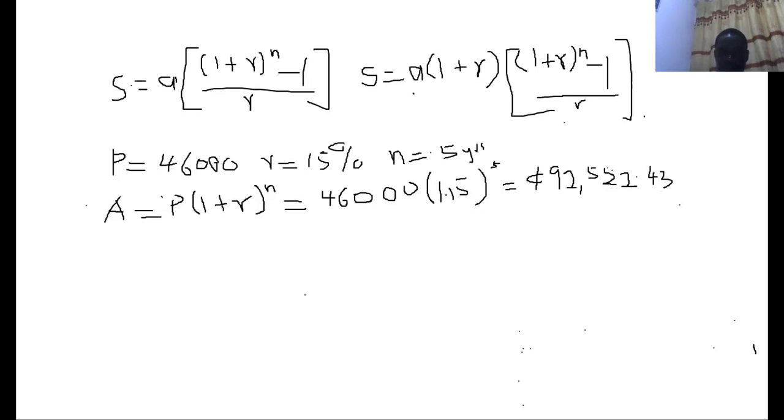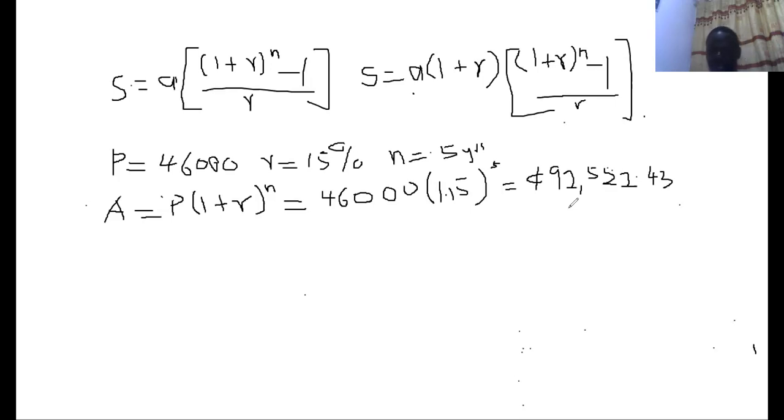Now let's look at the question again. So now it means that at the end of the 5 years, this is the money you are supposed to pay to your bankers or wherever you got the loan from. But the question is saying that you have decided to set aside equal amounts and invest in a fund that is paying you an interest of 11.25% per annum.